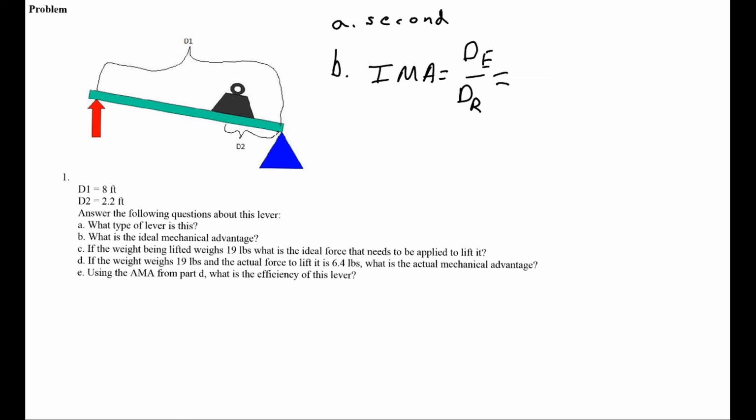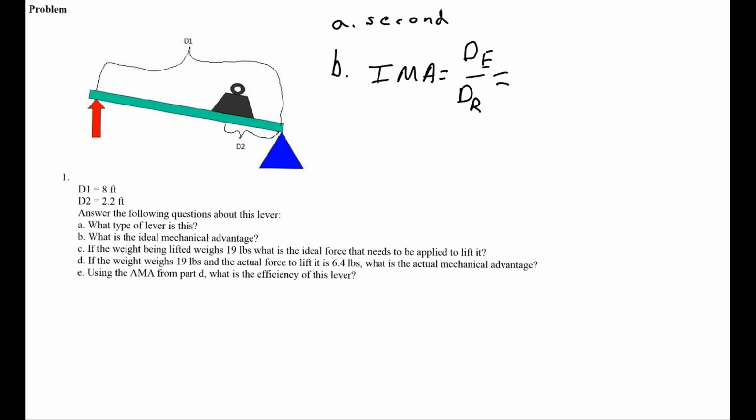Alright, so remember we talked about how the distances are actually if you went around a big circle around these, but we don't have to incorporate the 2 pi part of it because that cancels out always. Does everybody kind of remember that? So we can just use the radius of the circle it would make. So we can use the length of the lever arm.